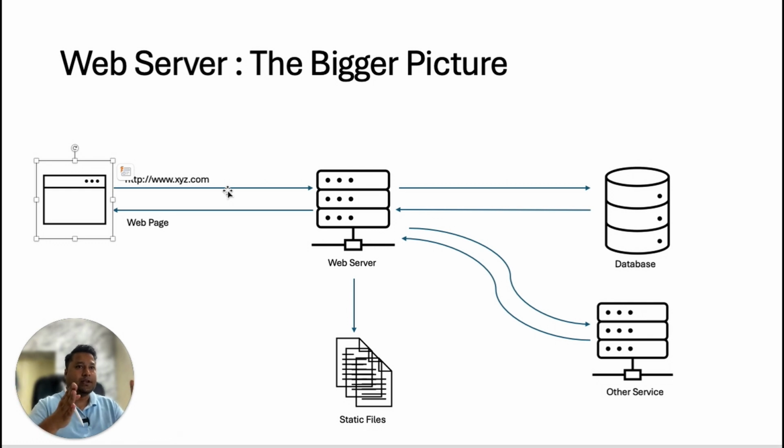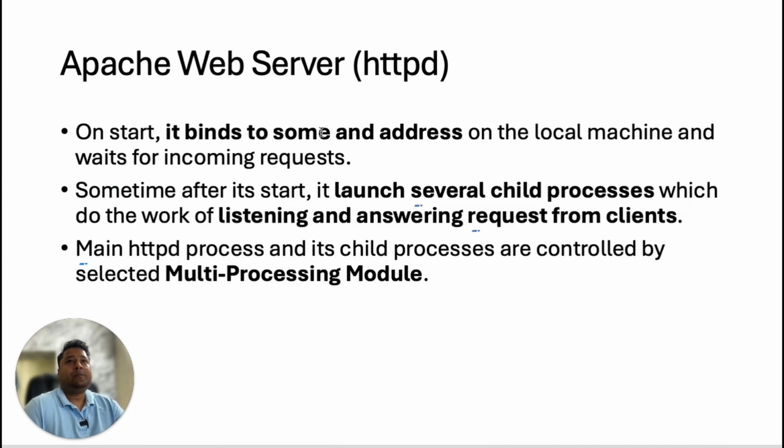Now specifically, since this video revolves around the design architecture of Apache Web Server, we will do a deep dive into it. Apache Web Server works on the same principle. Everything is the same, and in the case of Linux, it is also known as HTTPD.